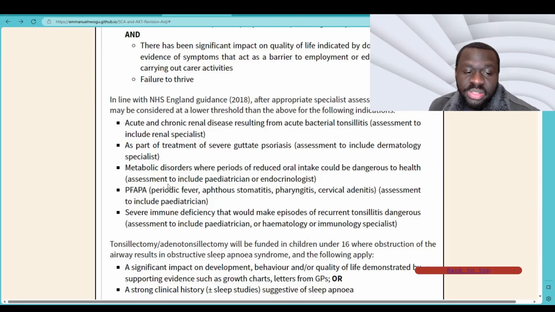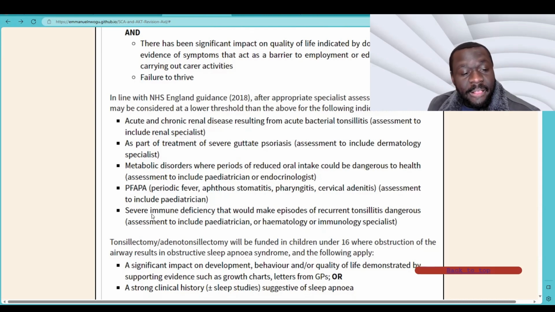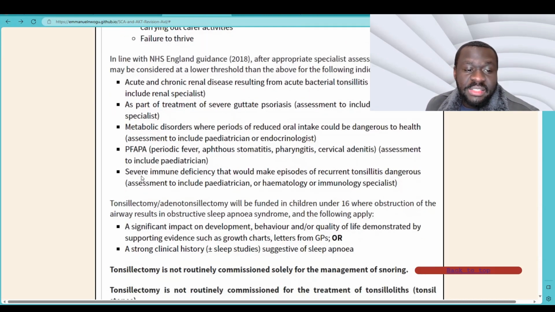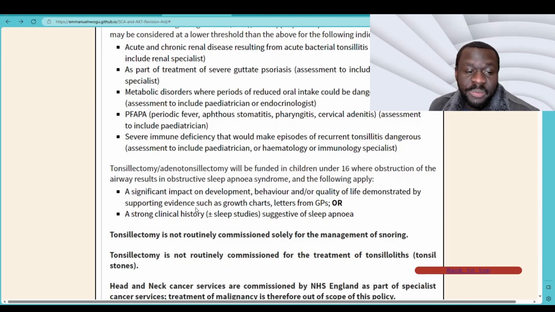Assessment to include pediatricians. I haven't heard about this PFAPA before. If the child has severe immune deficiency that will make episodes of recurrent tonsillitis dangerous, they need to be referred for consideration of tonsillectomy.